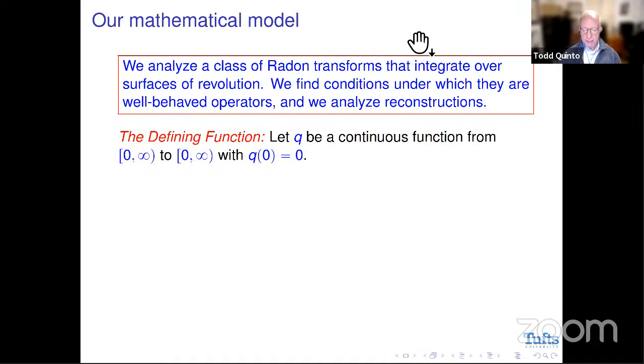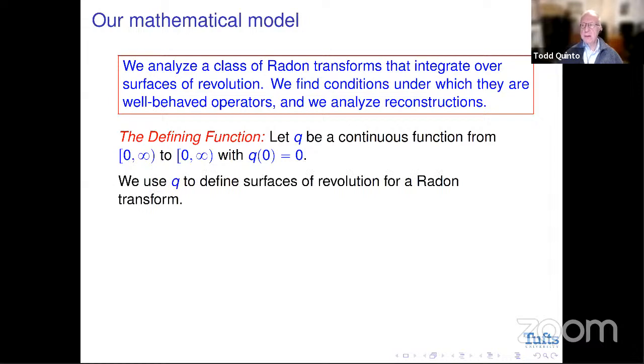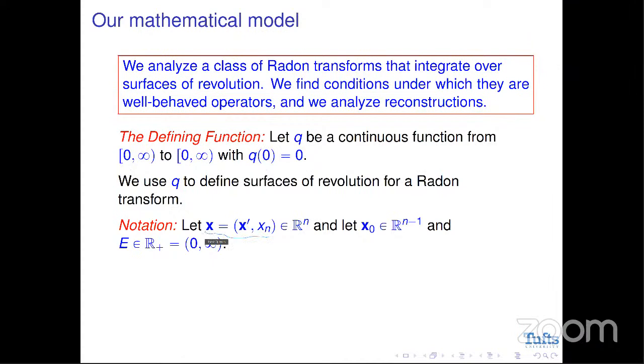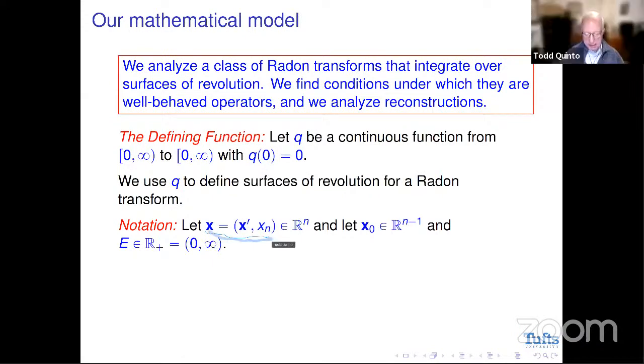Well, they're solids of rotation, so we use a defining function Q, a continuous function from 0 to infinity to itself that starts at 0. We're going to use Q to define the surfaces of revolution. We take a point in R^n and break it up into the n-1 and n coordinates.